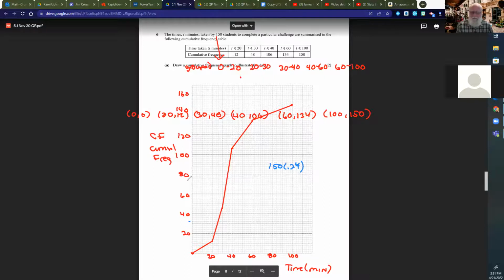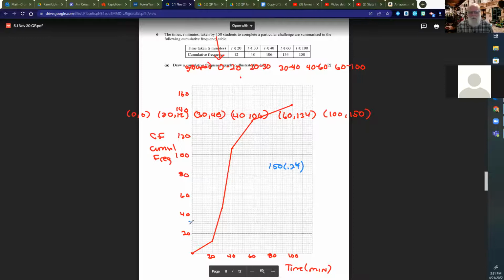How many are above me? What's 100 minus 24? 76. All right. So in this case, if I were to do 150 times 0.24, I'm going to get the spot that has 24% below me.